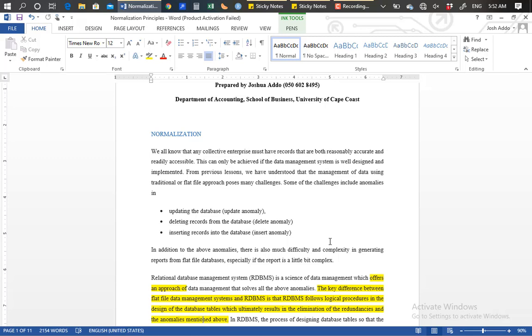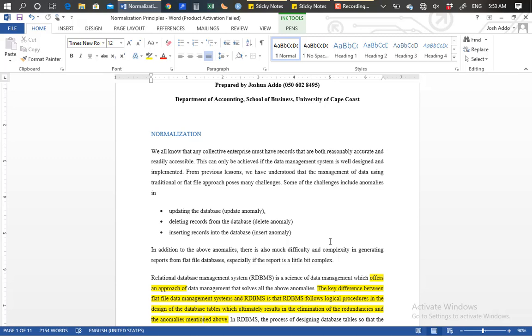Deleting a record from the database sometimes leads to deleting other essential information which is not meant to be deleted, or deleting an unneeded information leaves an orphan data, a redundant data.